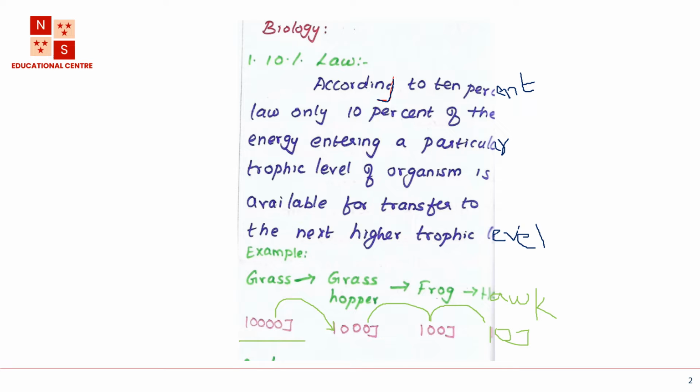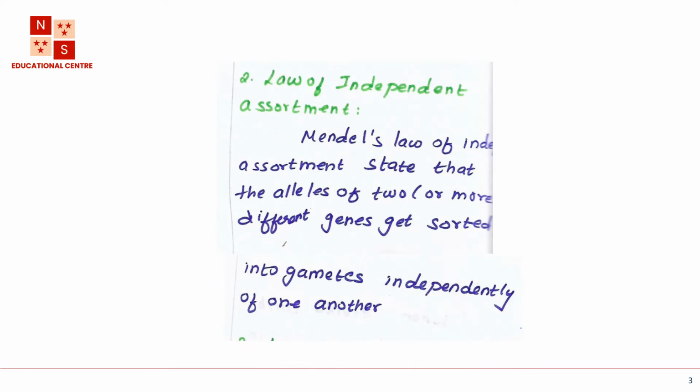According to this, the law may be asked, or they may give an example and ask you to find how much energy is transferred. And the next one, the law of independent assortment. Mendel's law of independent assortment states that the alleles of two or more different genes get sorted into the gametes independently of one another.